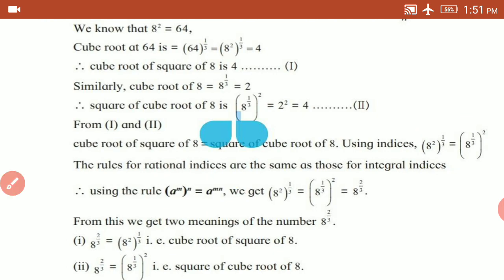From this we get two meanings of 8 raised to 2 upon 3. The first meaning is 8 raised to 2 upon 3 is equal to 8 square raised to 1 upon 3, that is cube root of square of 8. And the second one, 8 raised to 2 upon 3 is equal to 8 raised to 1 upon 3 bracket square, that is square of cube root of 8.